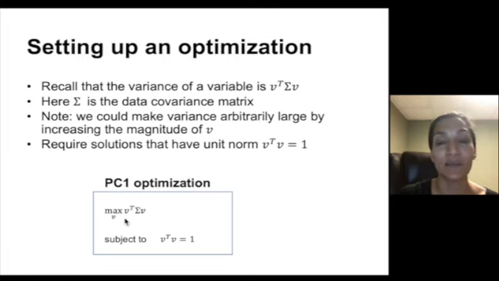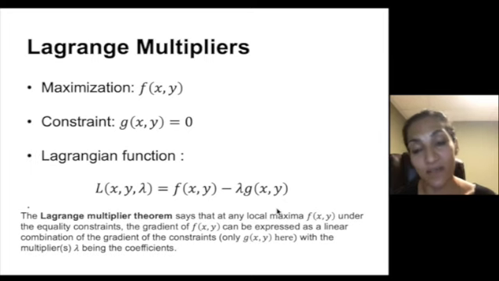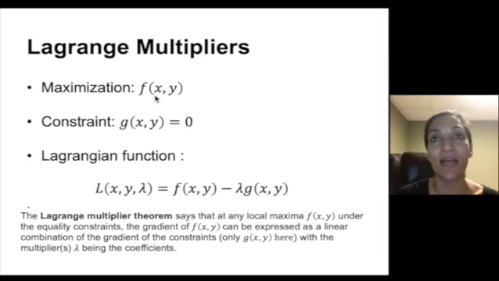This kind of an optimization, where there is something that's being maximized, subject to a specific constraint, can be solved using the technique of Lagrange multipliers. Under the Lagrange multipliers technique, you have a function f of some variables that you're trying to maximize, and you have another function g, which is serving as a constraint, and here we need g to be constrained to equal 0.